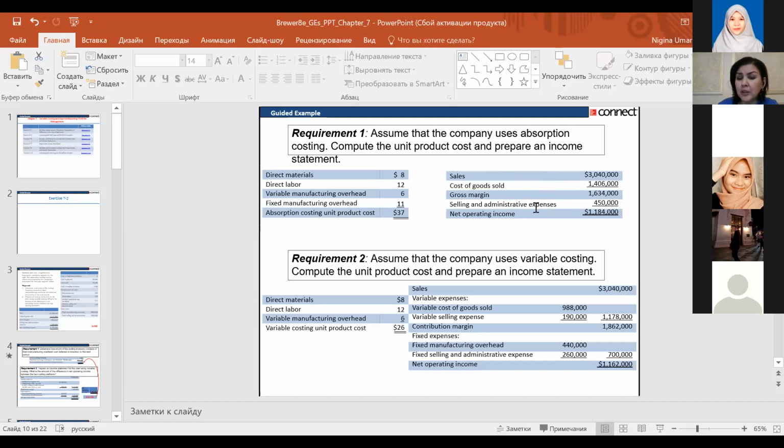So usually when a company submits its financial statements to the public, they are represented in the traditional format. But for managers, this contribution format is much more important, vital, and useful. Okay, so you got the point.